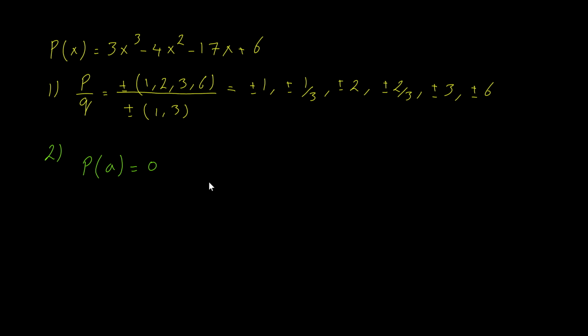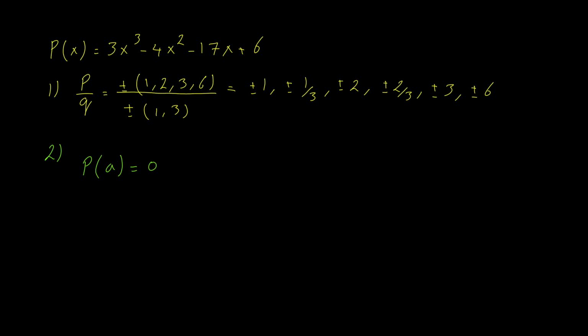So here we have 12 values of a that we need to plug into our function p and see if it equals 0 or not. If it does, that means that value is truly a root of the polynomial.